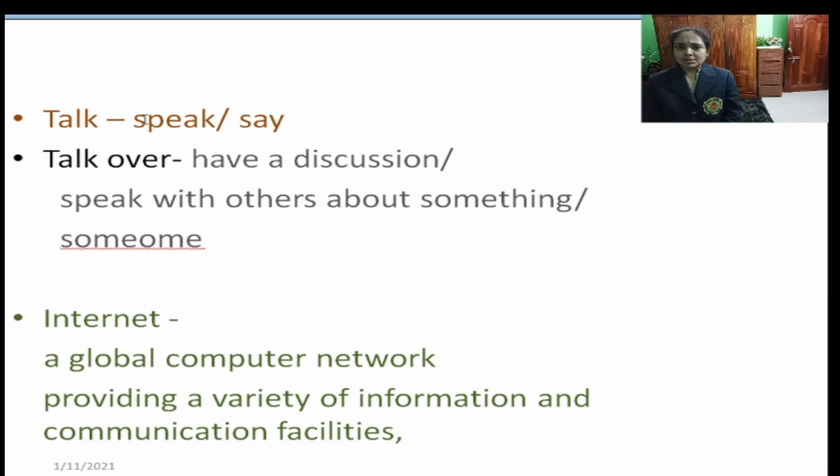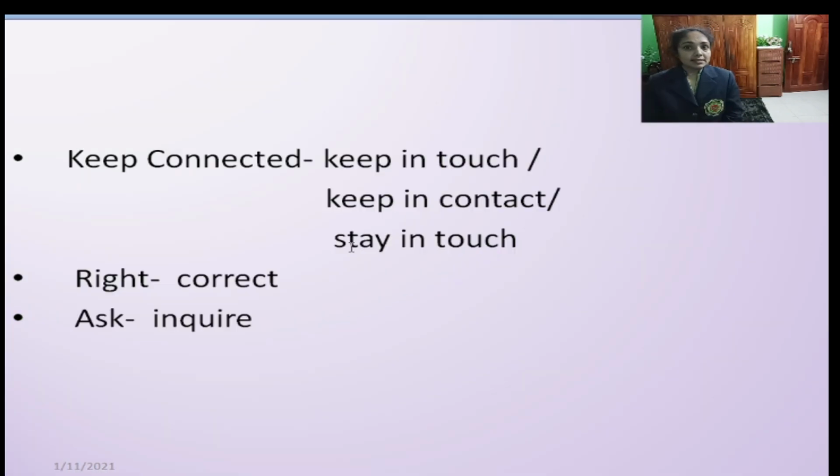Internet, a very common term nowadays, a global computer network providing a variety of information and communication facilities. Keep connected, keep in touch, or keep in contact, stay in touch.